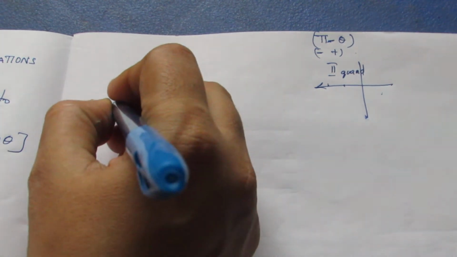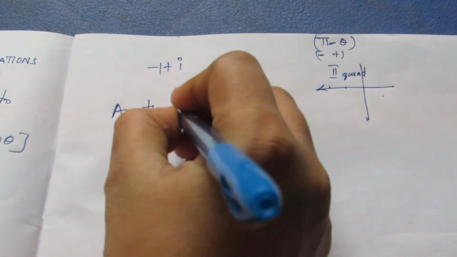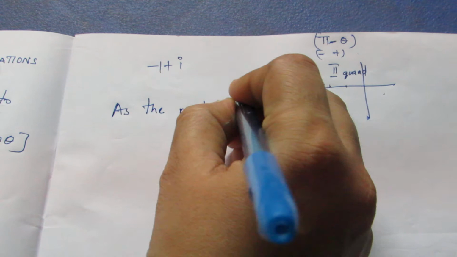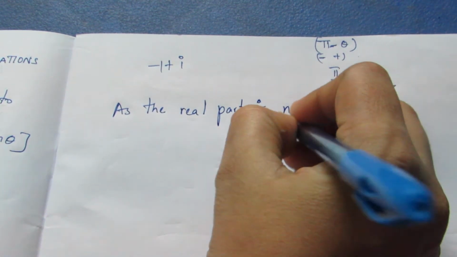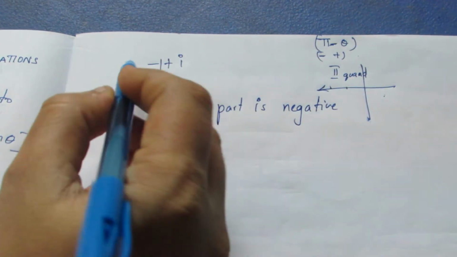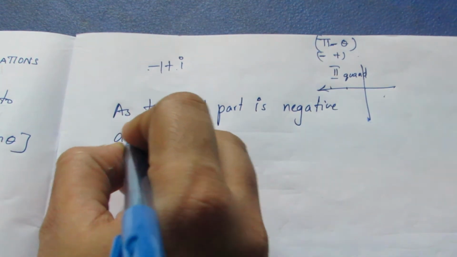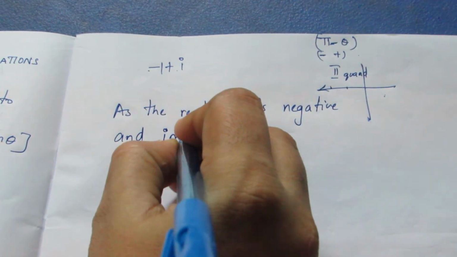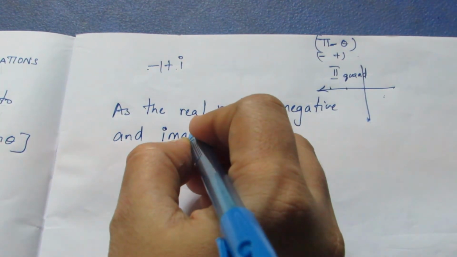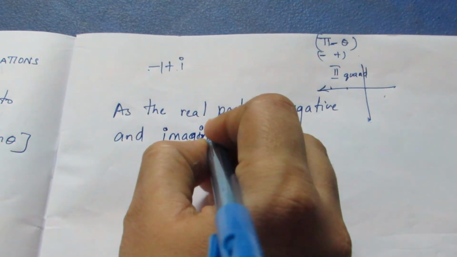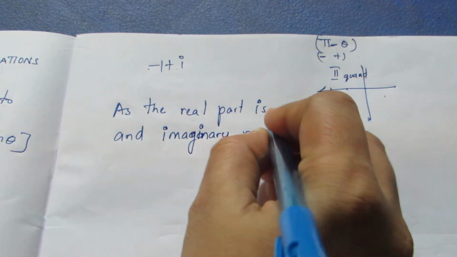We need to write that the real part is negative and the imaginary part is positive.